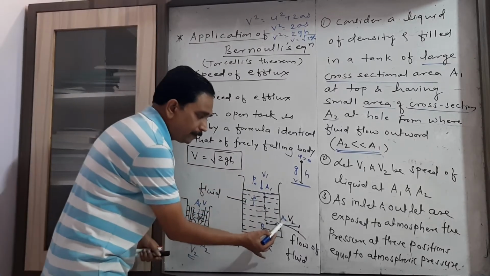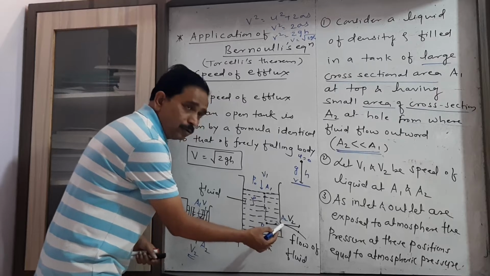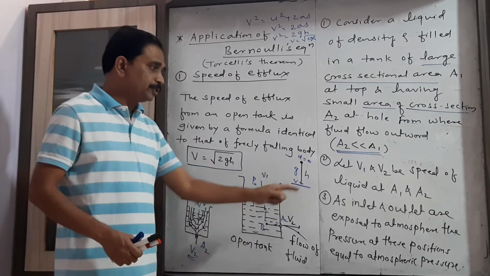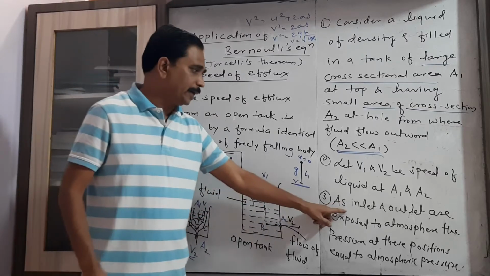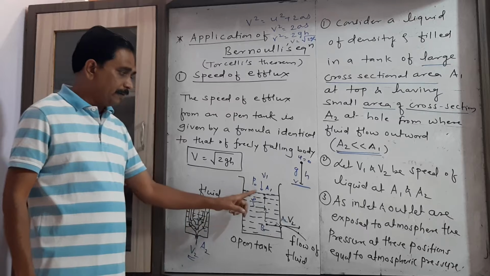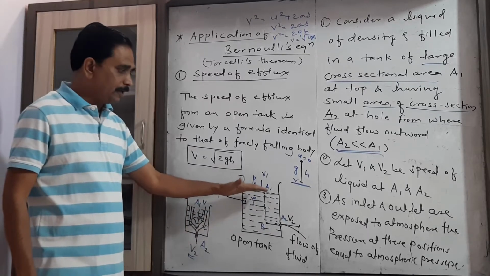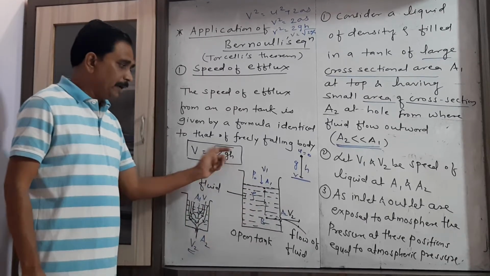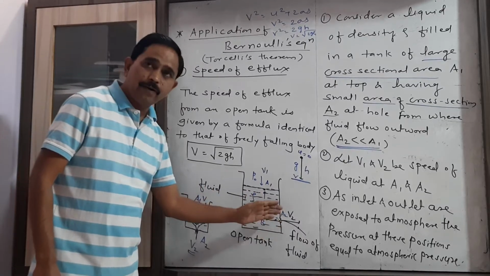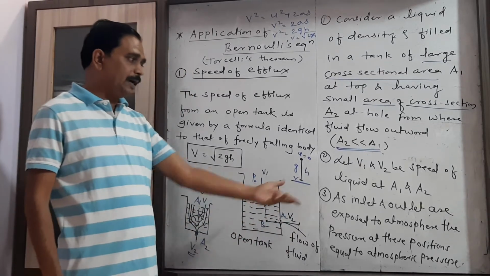But the point where we have to determine the velocity is also exposed to the atmosphere. So I write here inlet and outlet, where the liquid comes in from any other source, that is the inlet, and from where the liquid moves out, that is the outlet.